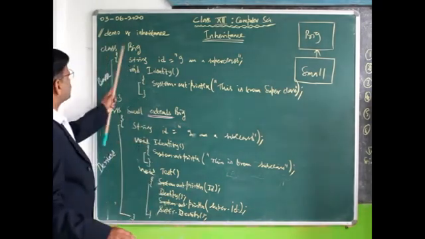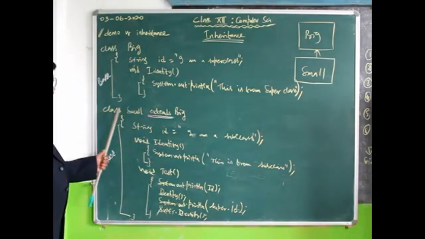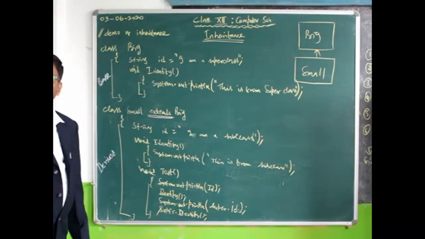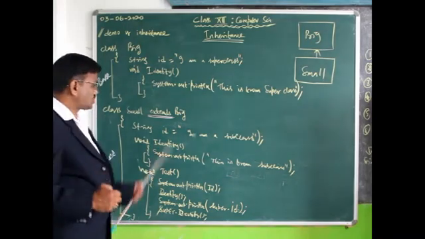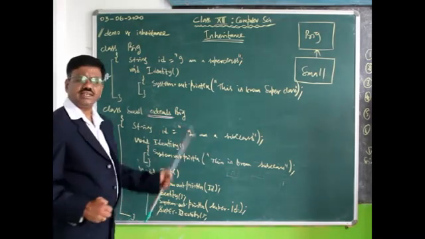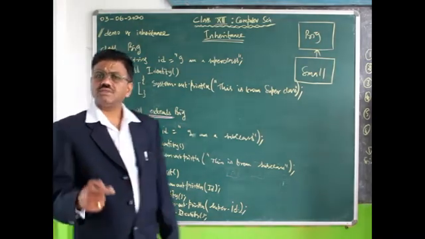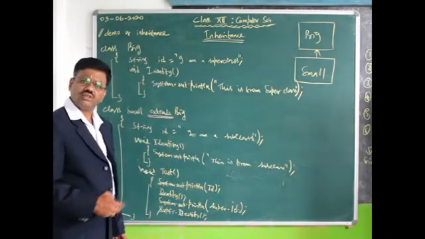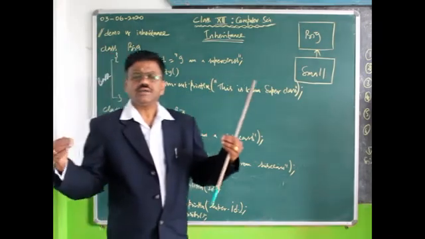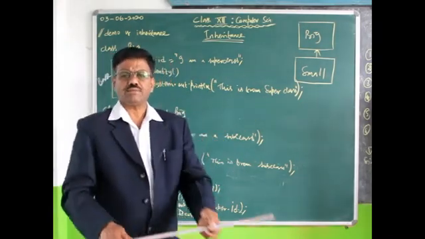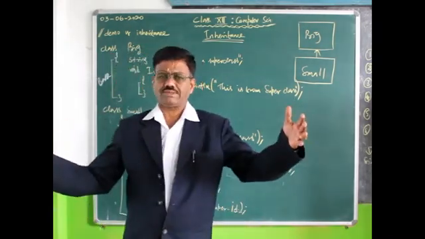As you have class big, here is also class small. What do I do? I use a keyword, extends, E-X-T-E-N-D-S, extends big. You know what it means? It is bridging the gap between the two classes.